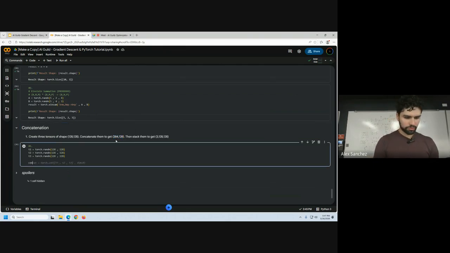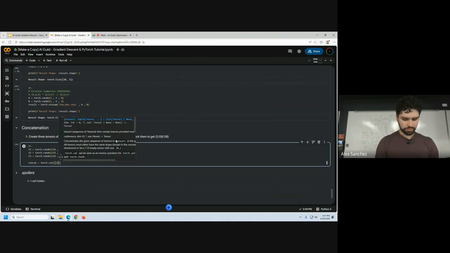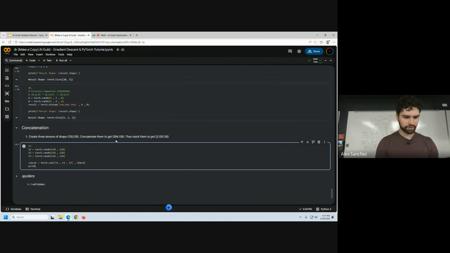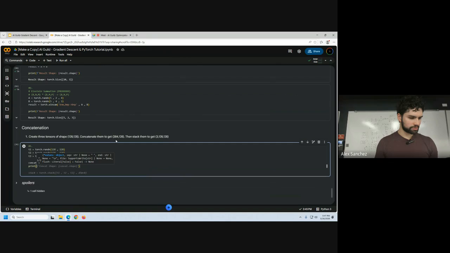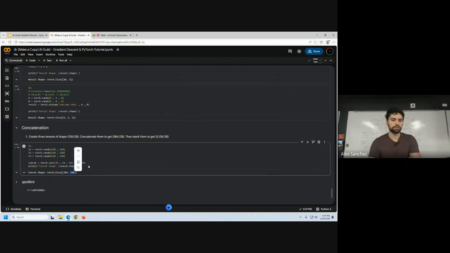The notation for that would be concat equals torch.cat, and then we group T1, T2, and T3 along dimension 0. Let's print the shape of this.